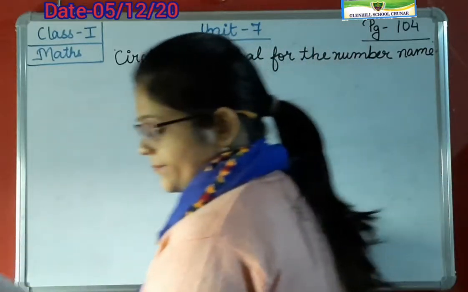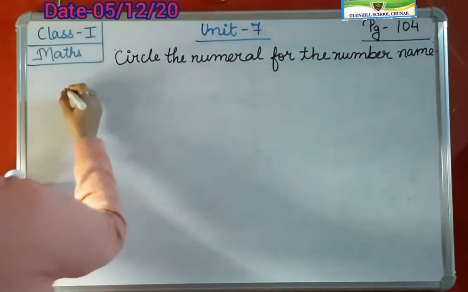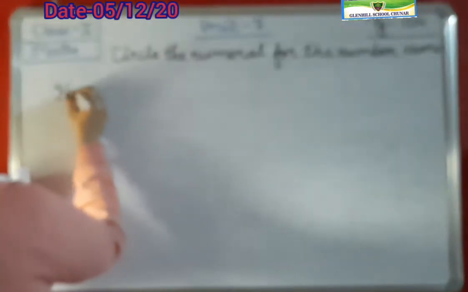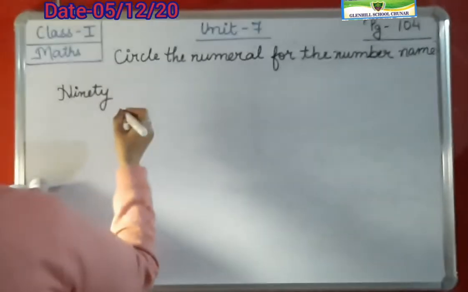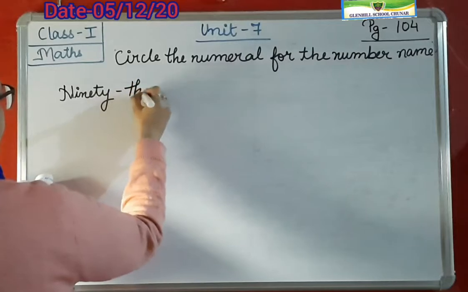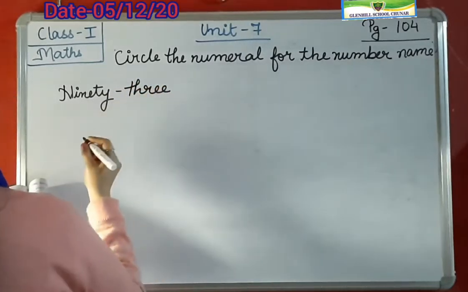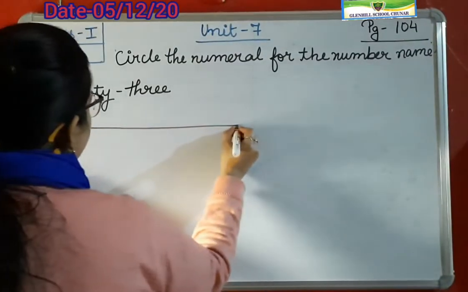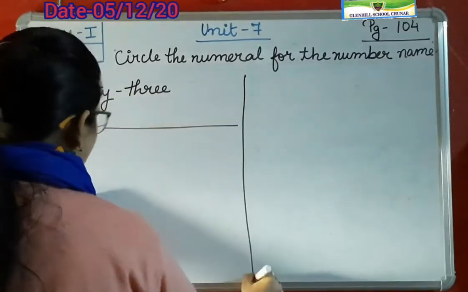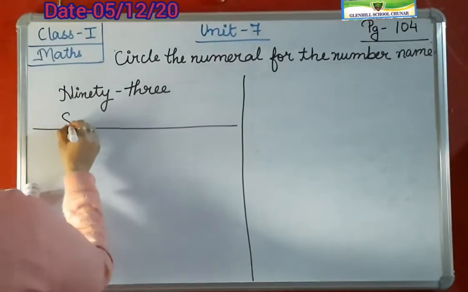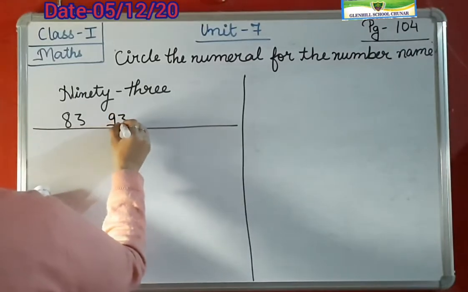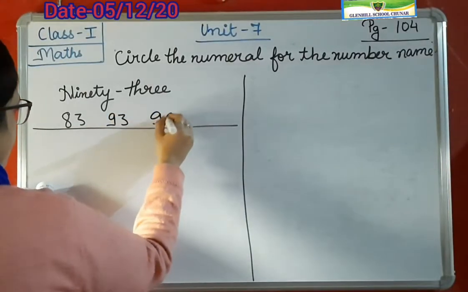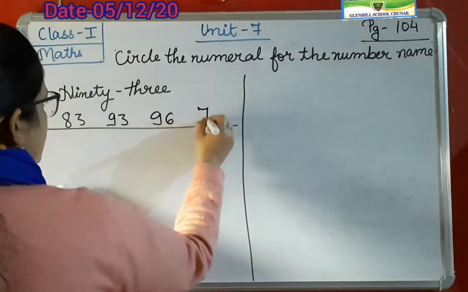Okay, students. So see here it is written ninety-three, and here so many numbers are given: 83, 93, 96, 73.